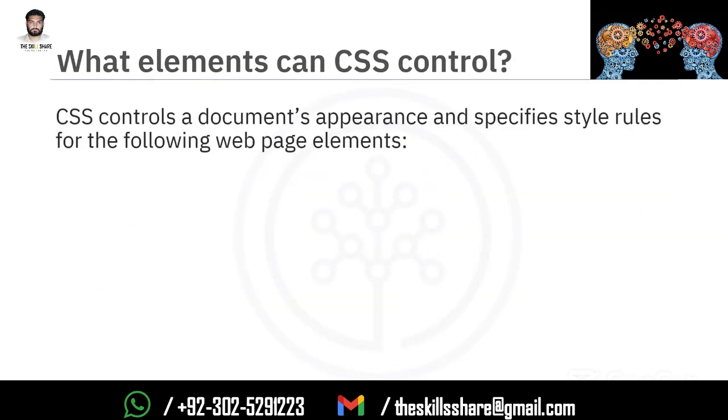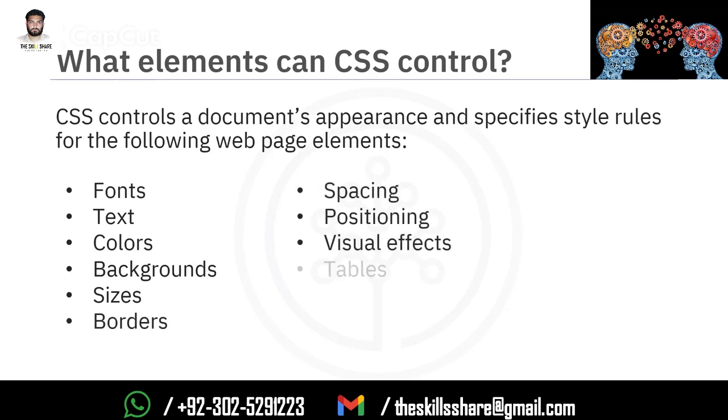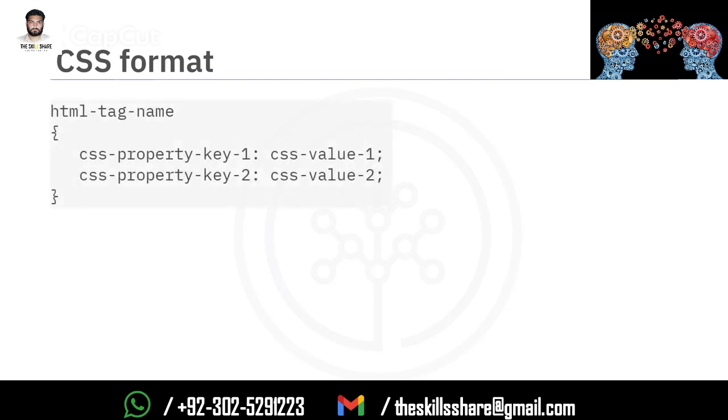You can use CSS to control a document's appearance and specify style rules for the following web page elements: fonts, text, colors, backgrounds, sizes, borders, spacing, positioning, visual effects, tables, and lists. CSS style elements are structured like this.